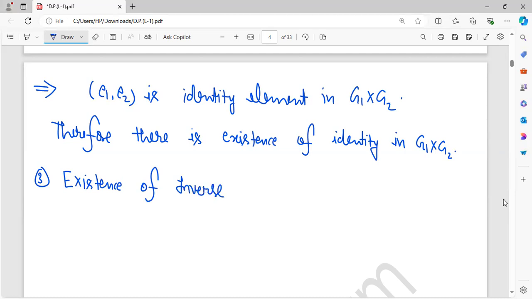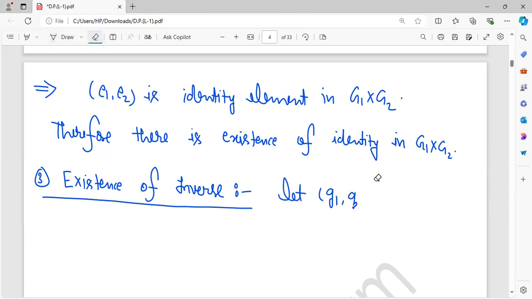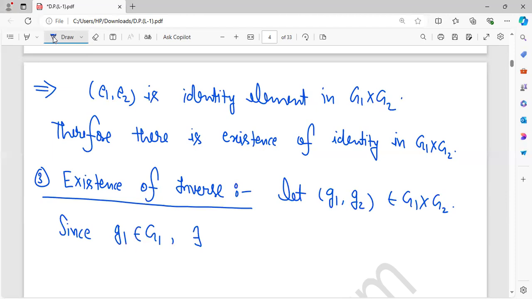Now third one is existence of inverse. Let (g1, g2) belong to G1 cross G2. Since g1 belongs to G1, let g1 inverse be the inverse of g1 in G1.